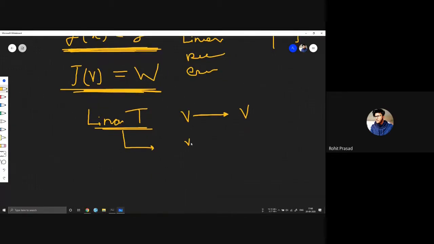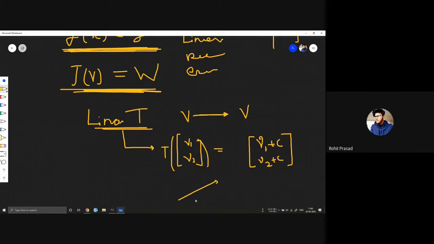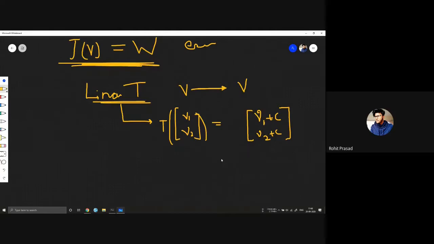Like your V1, V2, and if you take T of this thing, it will give you V1 plus constant C, V2 plus constant C. This is translation, right? It was something like this, and then this. Okay, wait, it's not translation. It changed the magnitude. Wait, wait.